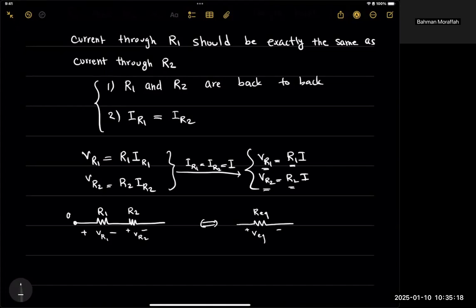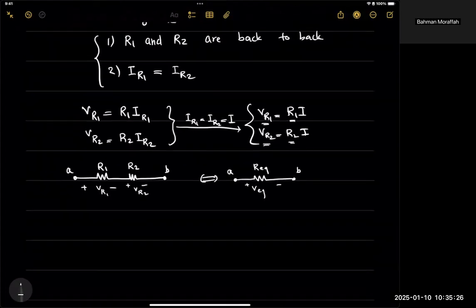Let's call this point A, and this point B. As you can see in this graph, V equivalent is exactly V of R1 plus V of R2, because V equivalent is the voltage between A and B, and the voltage between A and B in the first graph is V of R1 plus V of R2 because of KVL.